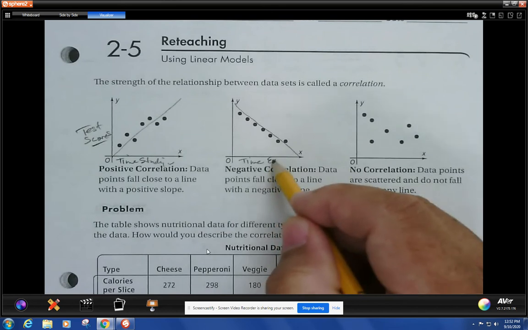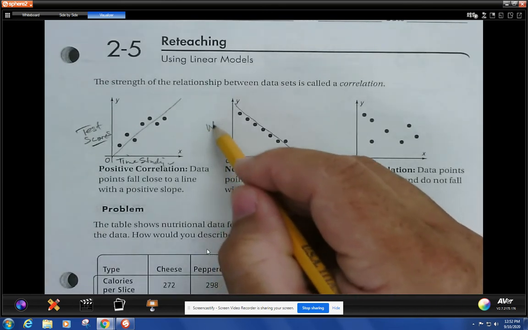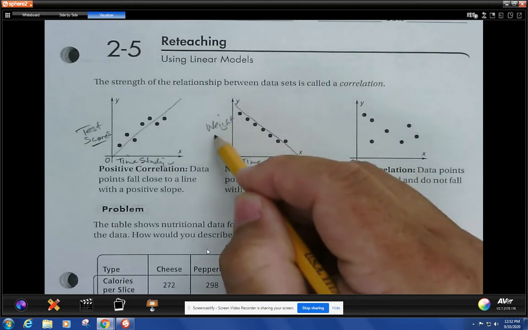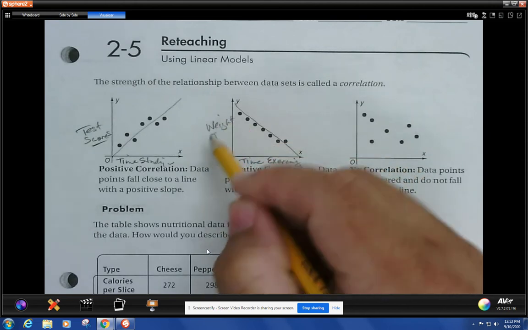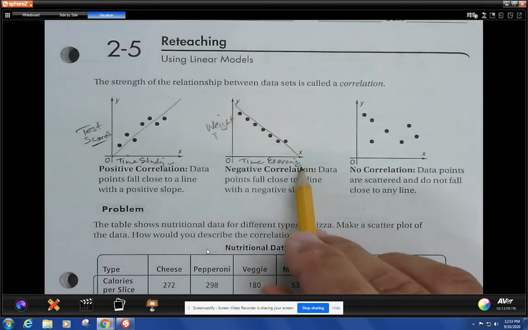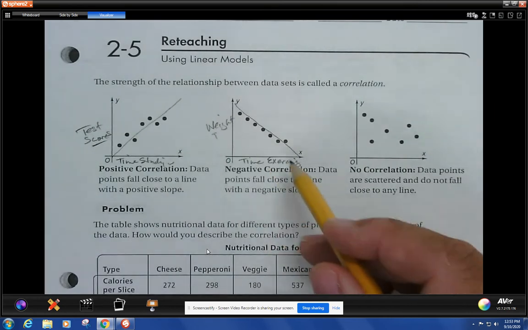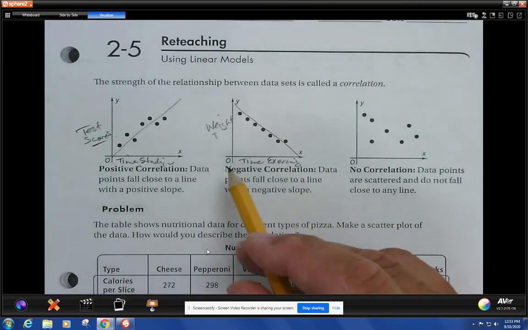If my time exercising goes up, then I can pretty much figure out that my weight is going to go down. So it kind of gives you an idea of both of those scenarios.